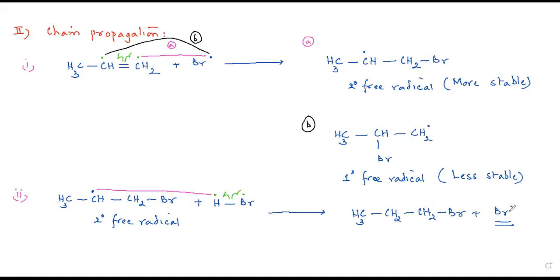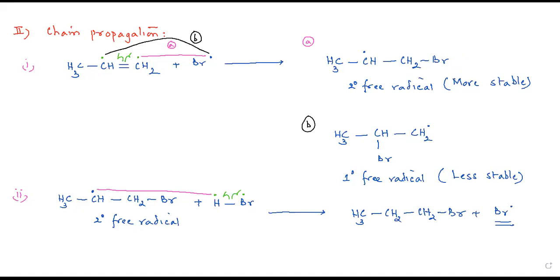So that is the reason why we call this chain propagation. Hope this is clear. Now you have considered the secondary free radical, which is a more stable one, ended up with N-propyl bromide. Of course, got so many free radicals.